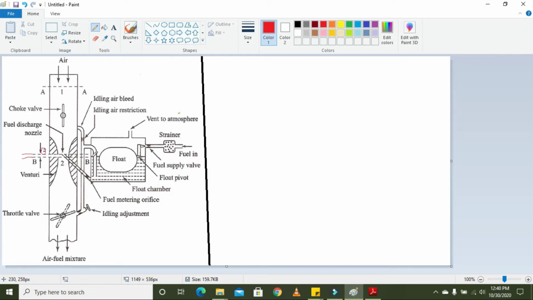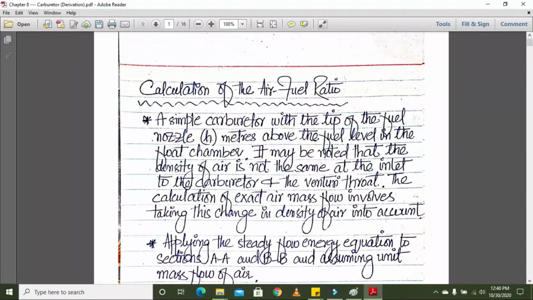Z is basically the difference between the fuel level inside the float chamber and that section where the fuel metering orifice is. So the difference between these levels is Z. Consider this as Z.